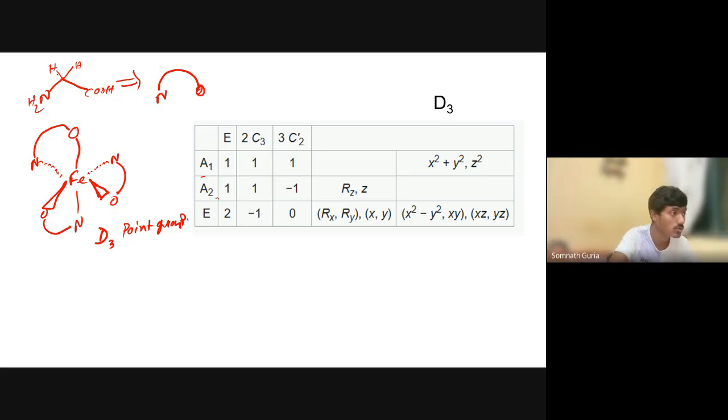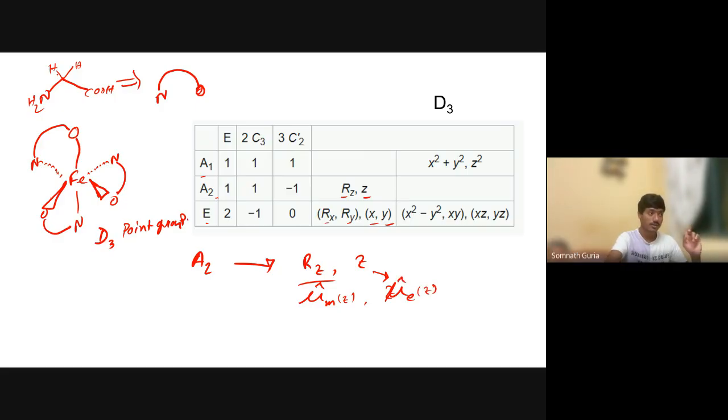Now coming to A2, in this A2 orbital you can find Rz and z, and in the E orbital you can find Rx, Ry as well as x, y. So in the A2 orbital we are finding Rz as well as z. Rz is associated with mu m in the Z direction, followed by z associated with mu e in the Z direction.